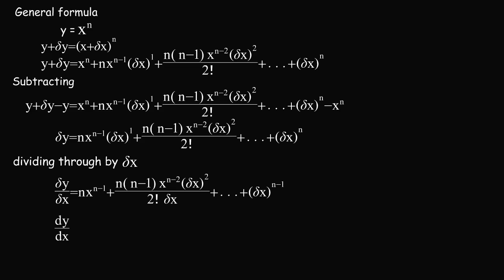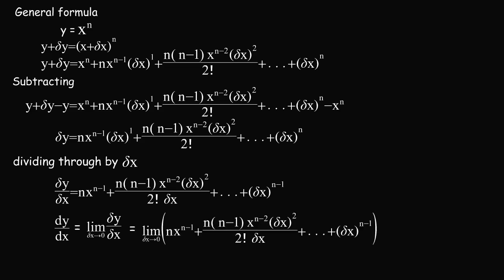At this point, we find our dy over dx, which is equal to the limiting value of delta y over delta x as delta x tends to 0. This will be equal to the limiting value of n x to the power of n minus 1 plus n in bracket n minus 1 x to the power of n minus 2 delta x squared divided by 2 factorial delta x plus it goes on and on to delta x to the power of n minus 1.